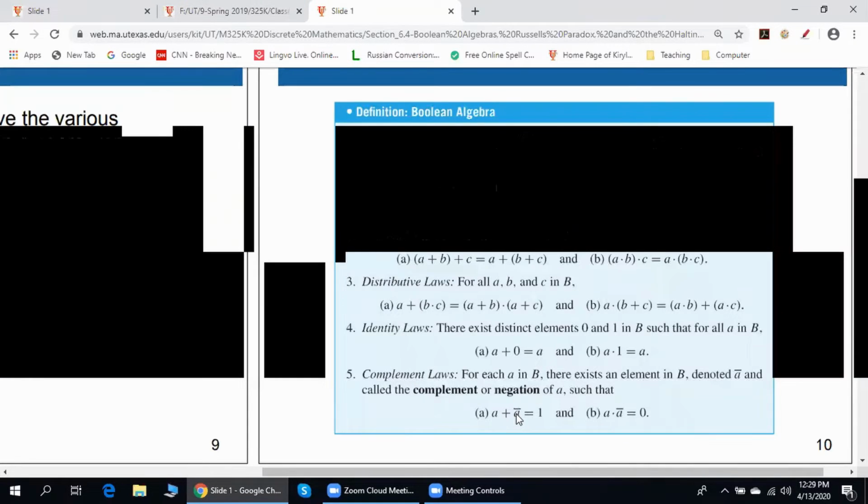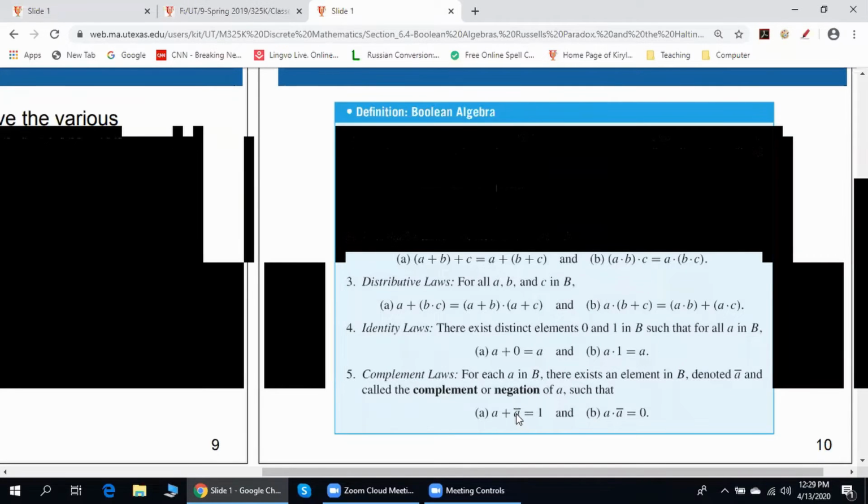Exactly. Talking about sets, A bar means complement. Talking about logic, A bar means what? In logic, A bar is a negation of A? Negation, absolutely.